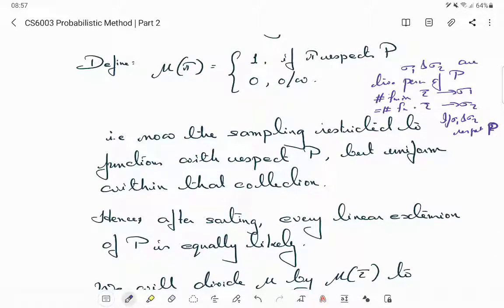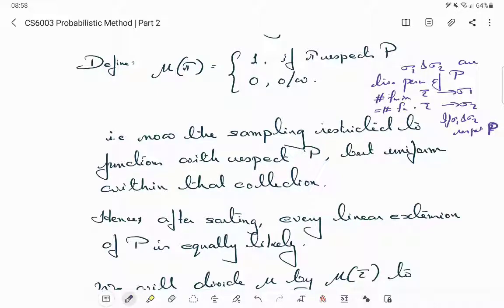Now what we are saying is that if you consider the set of functions from p to a large codomain which respect p, and you pick one function from that uniformly at random and get a permutation by sorting according to the pi values, this is equivalent to the random experiment of picking each linear extension of p equally likely. Both models are correct.